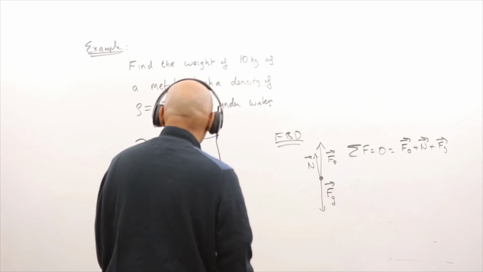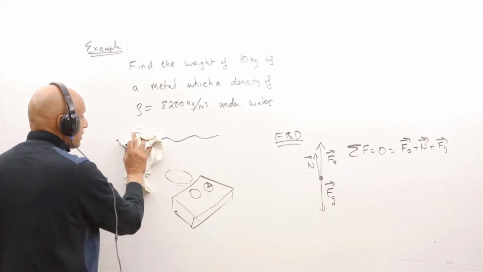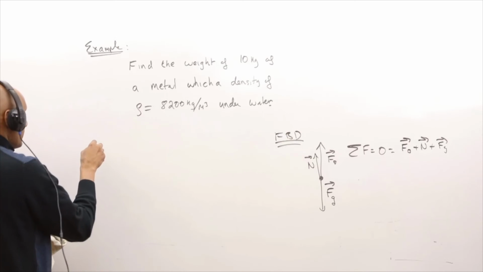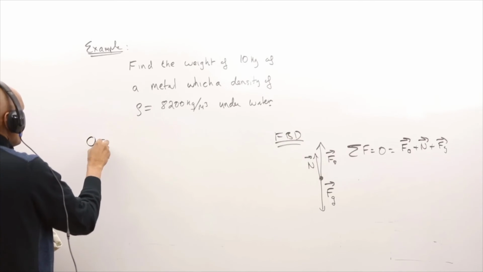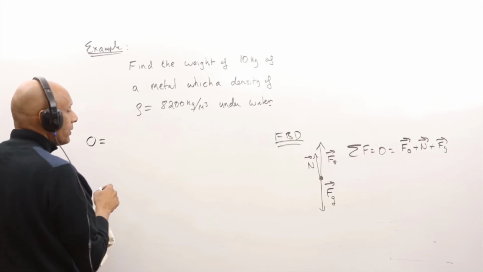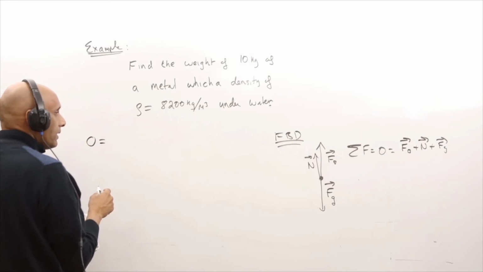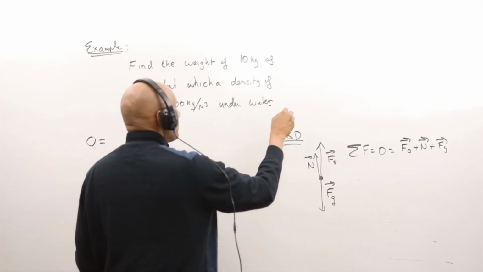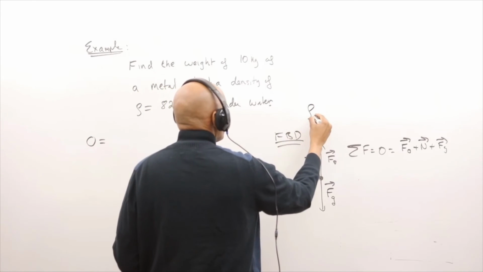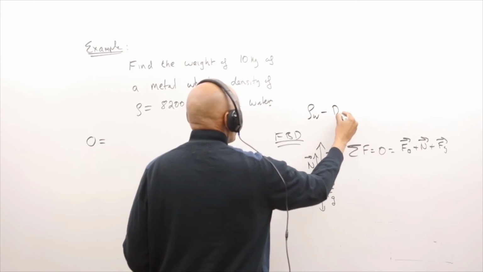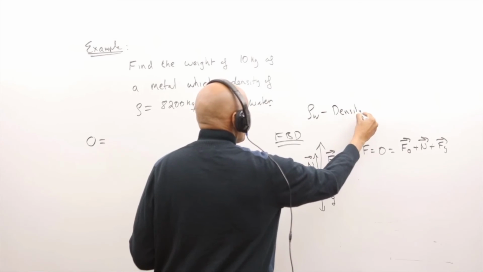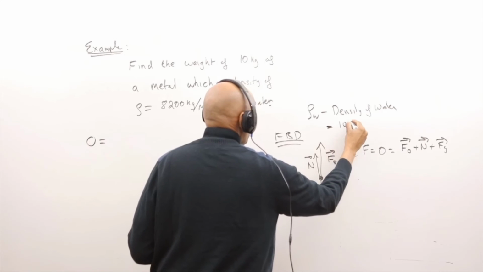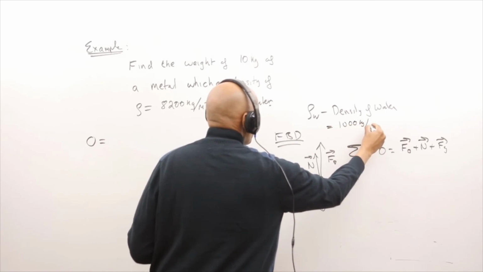So let me write this over to here. Derivation is going to be over here. So 0, I'll use up as positive. The buoyancy force is basically the volume of displaced liquid. I'll use rho W to mean density of water, which in this case happens to be 1,000 kilograms per cubic meter.